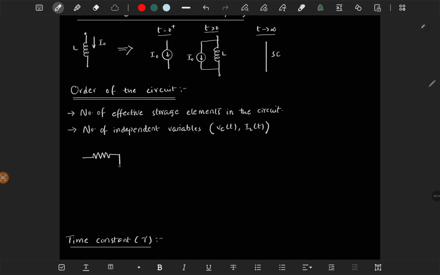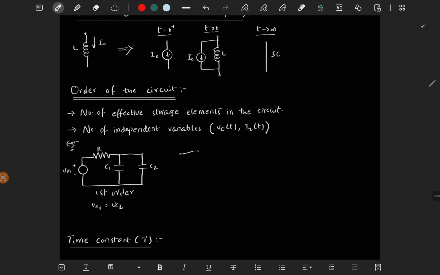So we can just write some examples. So this is first order. Vc1 is equal to Vc2, so these two are dependent.